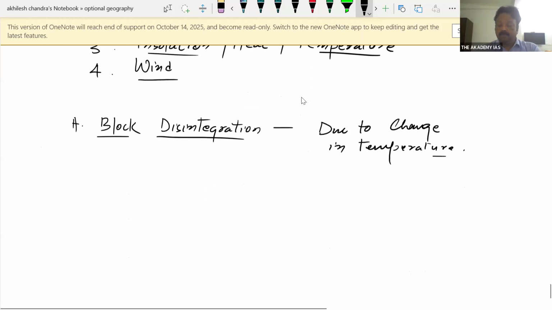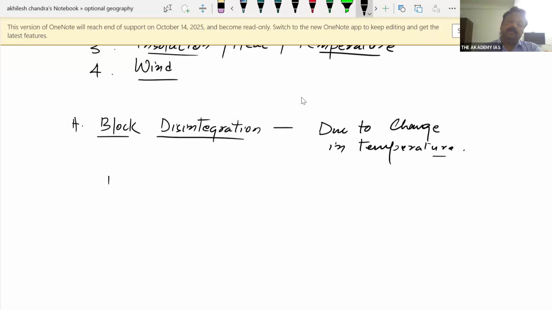Okay. So there are some rock which is affected by the change in temperature.